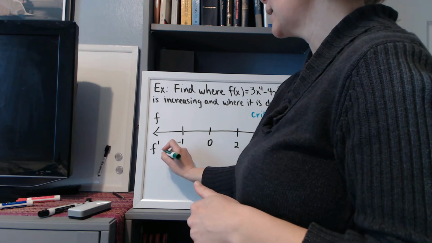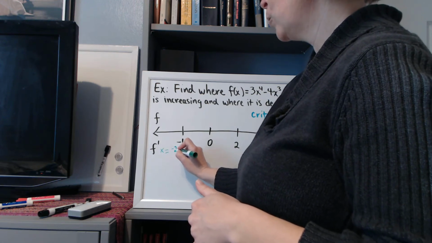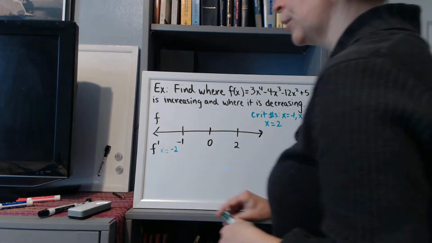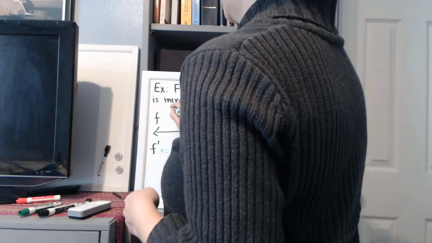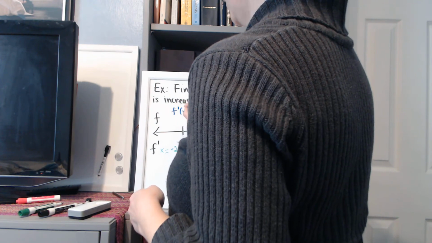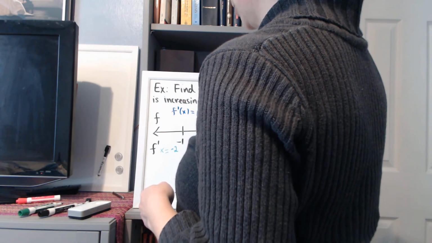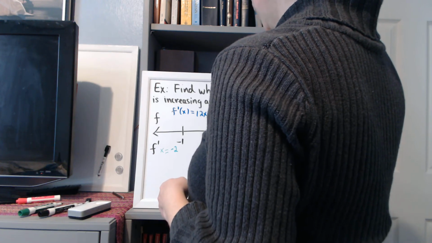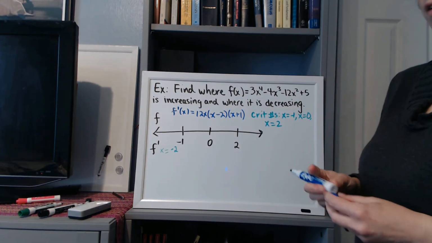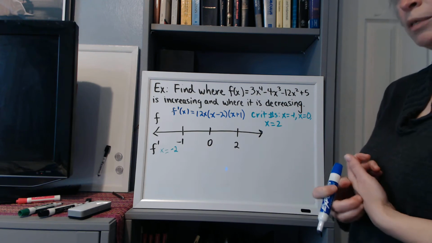I'm going to pick x equals negative 2. And here, I wish I had not erased the derivative, so I'm going to rewrite that so we have it to work with. Our derivative in its factored form, which is the most convenient form to work with, is 12x times the quantity x minus 2 times x plus 1.